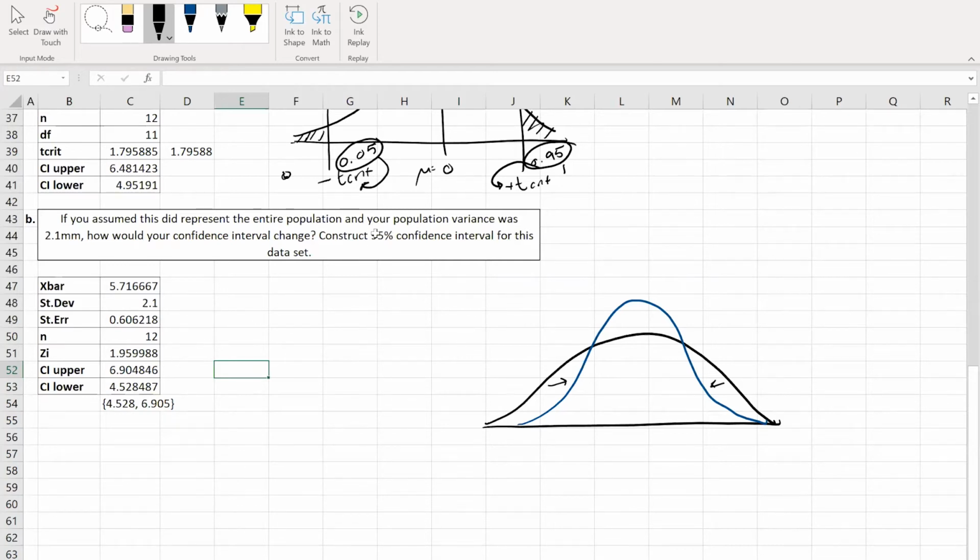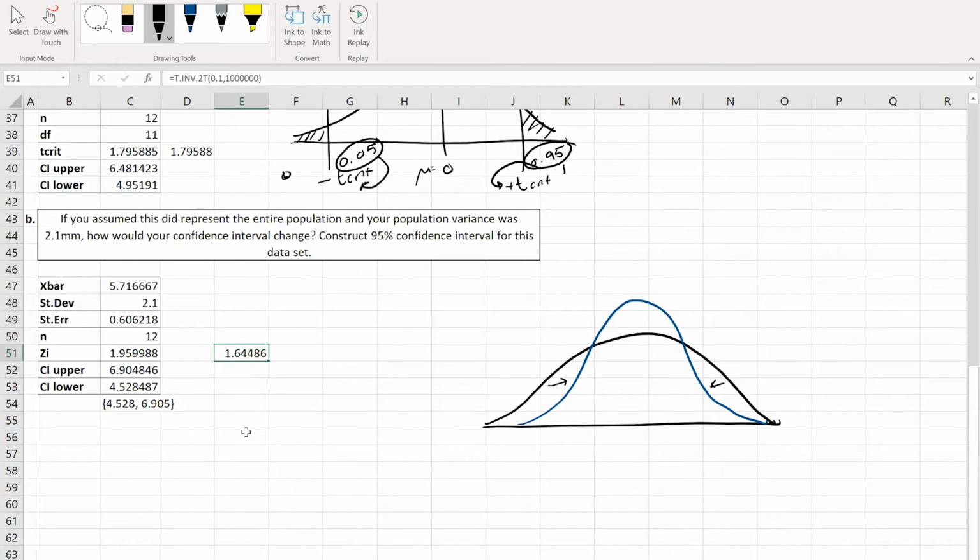If this were a 90% confidence interval, we could do the same thing, except our z-crit and confidence limits would change. Our z-crit would still use t.inv.2t. Our probability would be 0.1, and our degrees of freedom, again, would just be some arbitrarily huge number.